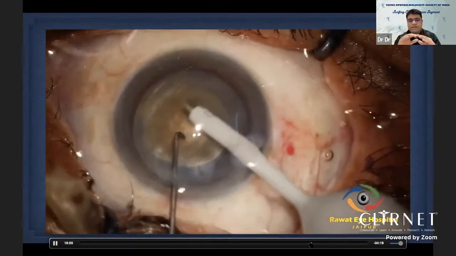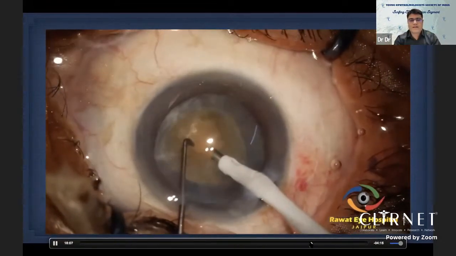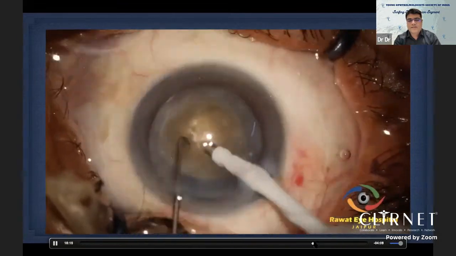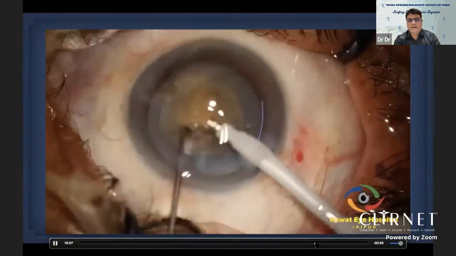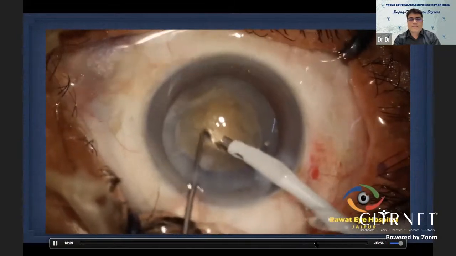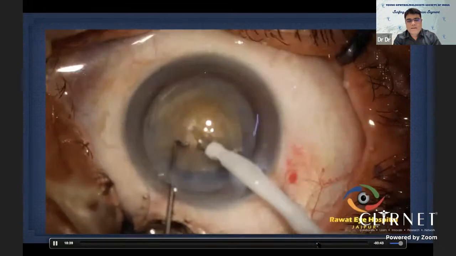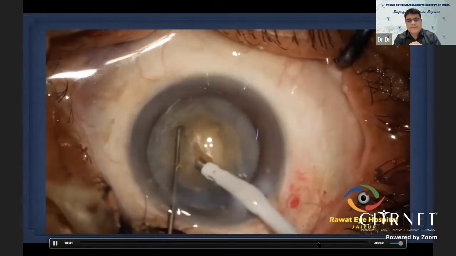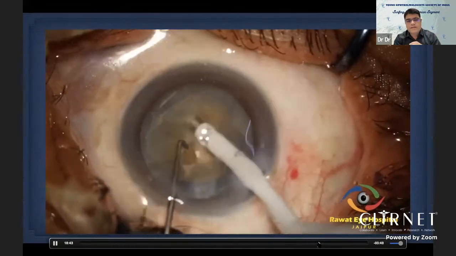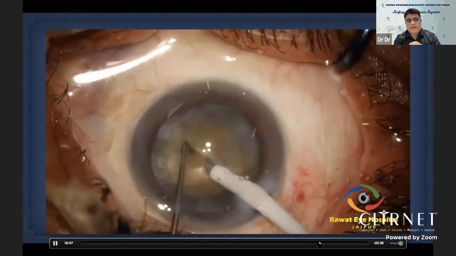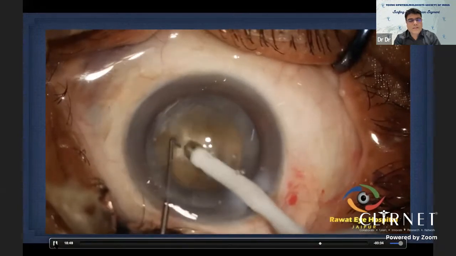I have not done any hydrodissection in this case because the cataract was mature. I just start doing some drilling in the center. I start to chop the nucleus, taking off the epinucleus which is there. Now see what's happening here.